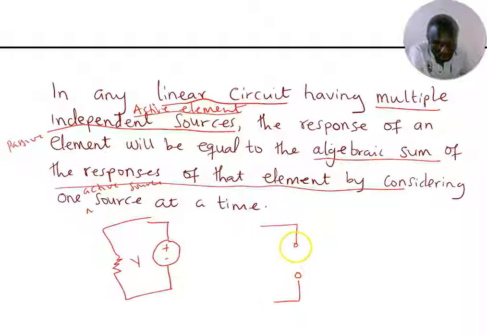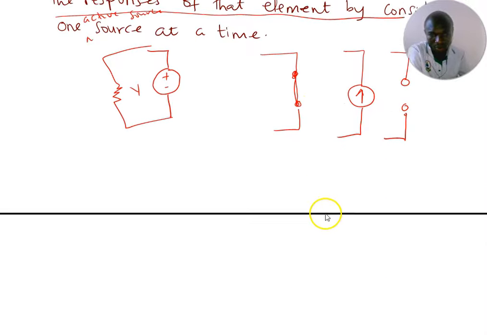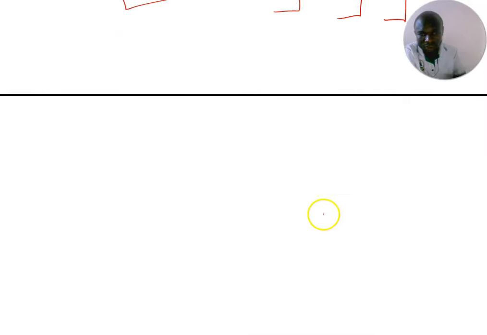Take note: to remove a voltage source, I replace it with a short circuit. But if I have a current source and I want to remove it from a circuit, I replace it with an open circuit. You should take note of this. These are the two key things that you need to know.